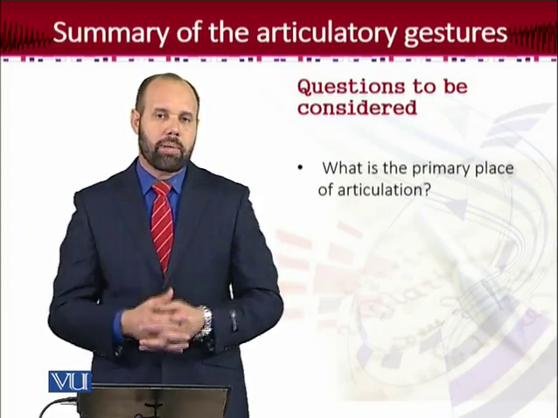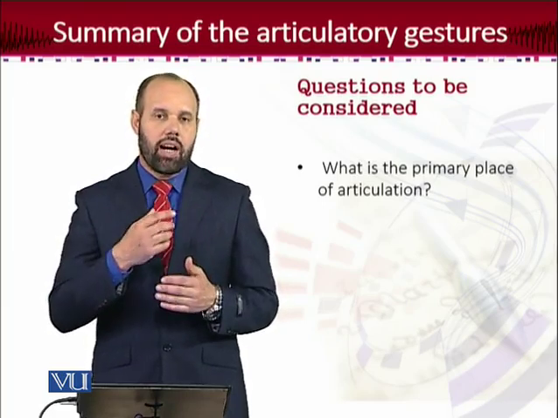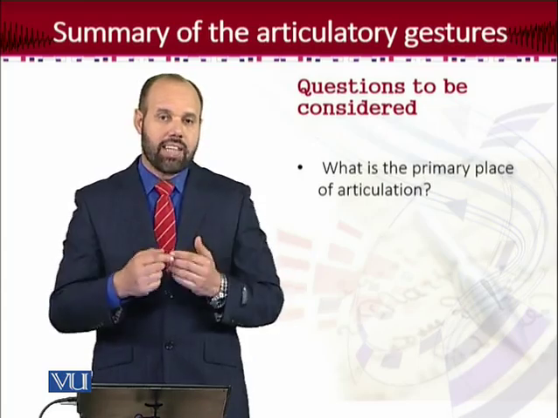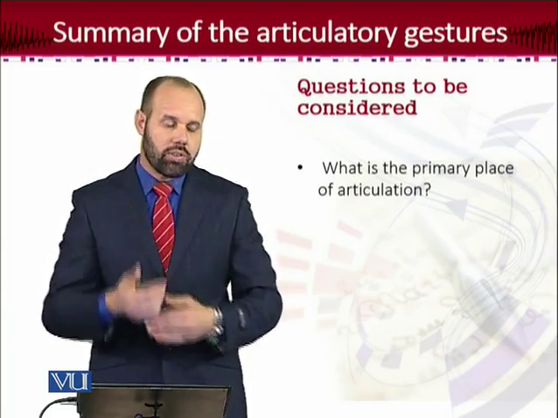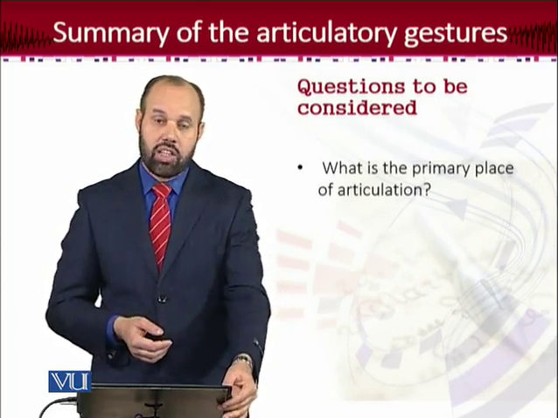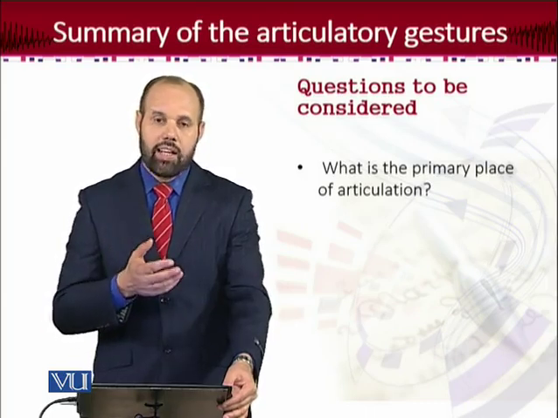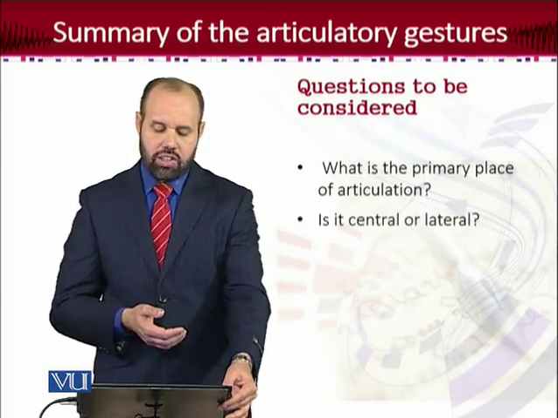A very good example is the English sound w, which is articulated from the lips, a bilabial sound, but the velar is also involved because the back of the tongue is raised towards the velum. That's a good example of how we differentiate the primary place of articulation from the secondary place of articulation.